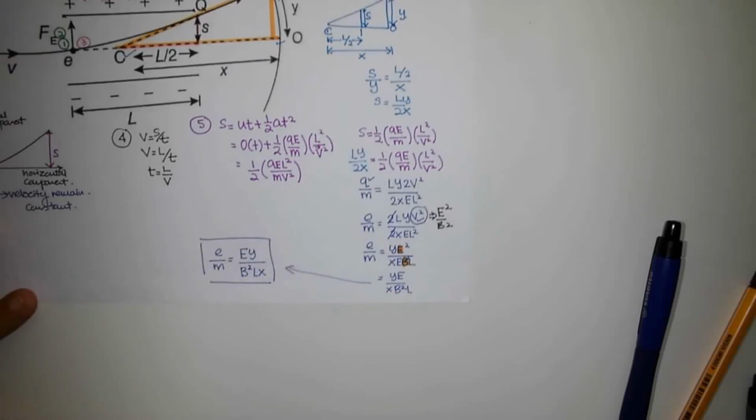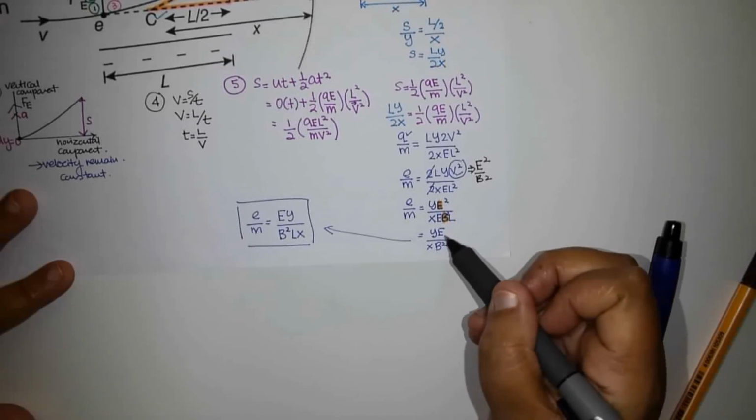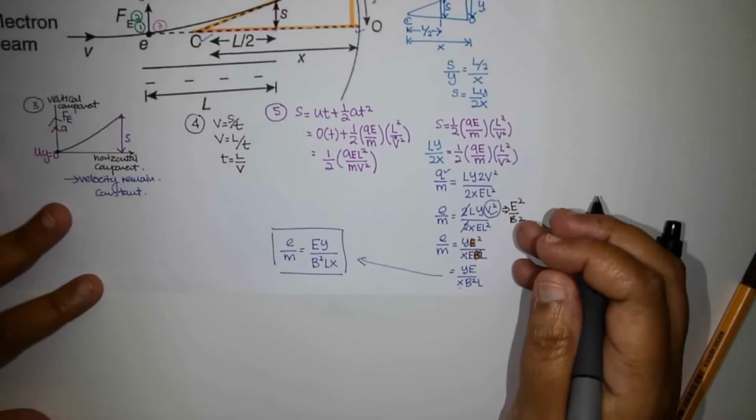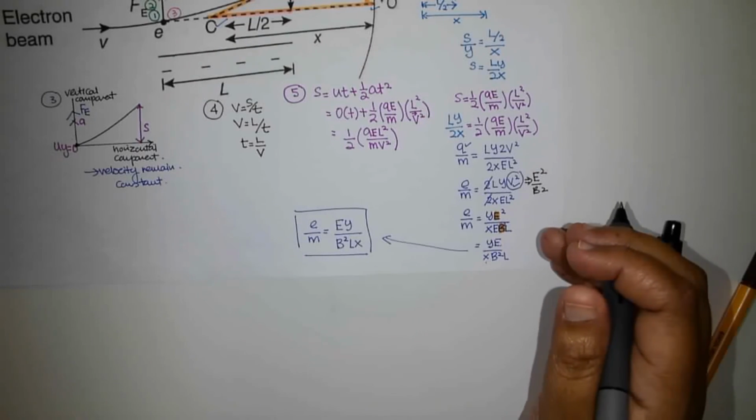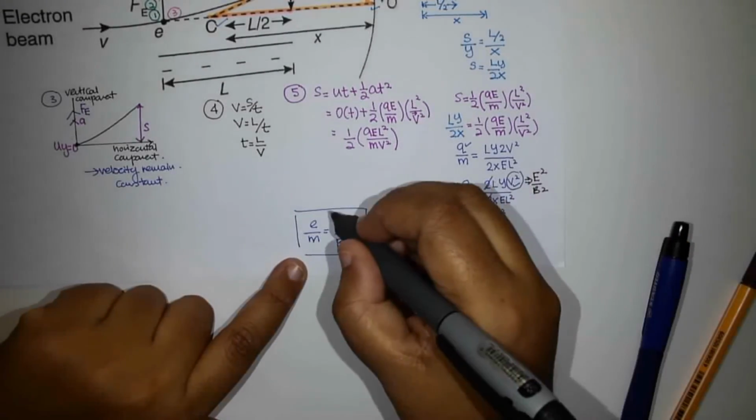Then I solve it, I cancel the E, so I get y E over x B square L.